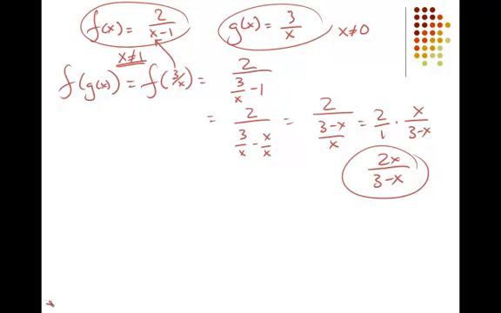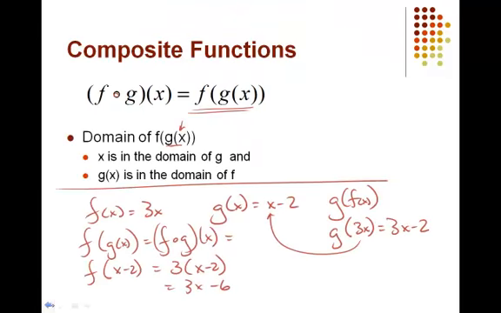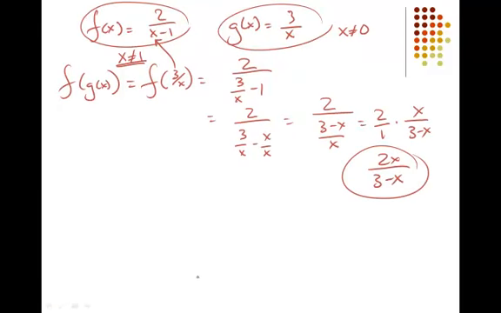So, looking back, we want to make sure that in addition to being able to use our original function g of x, where x could not be 0, we also have to make sure that when we plug into our f of x that we do not create a new problem.